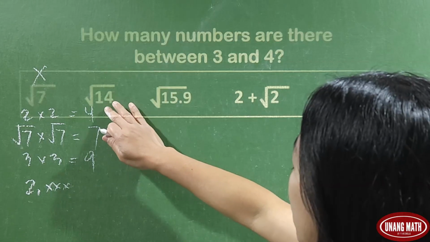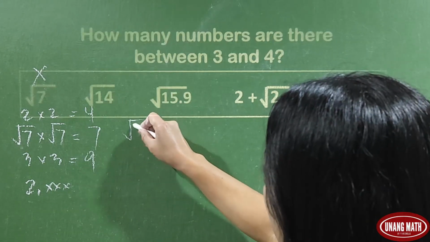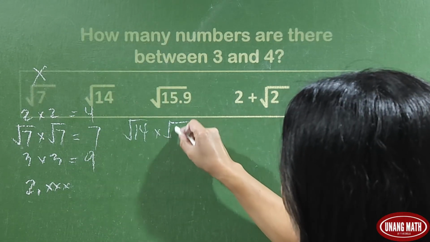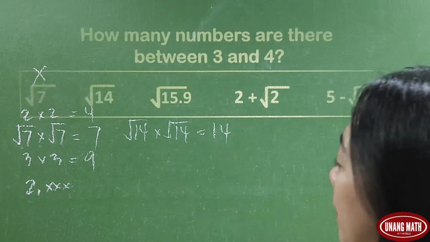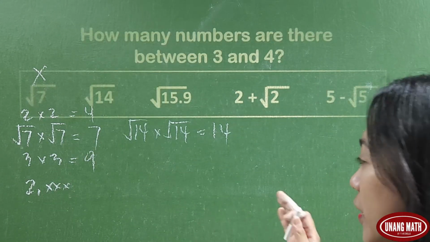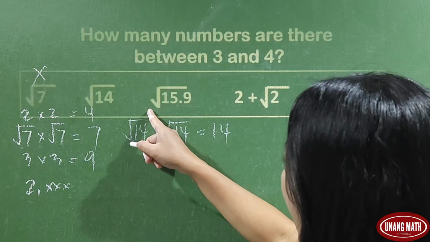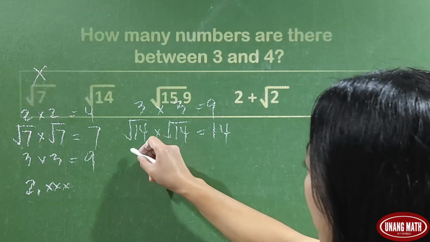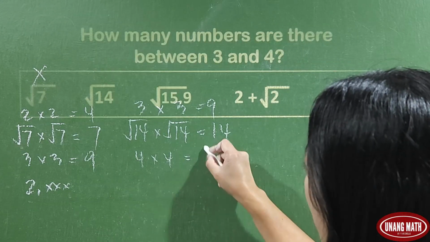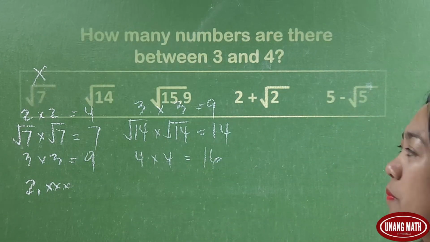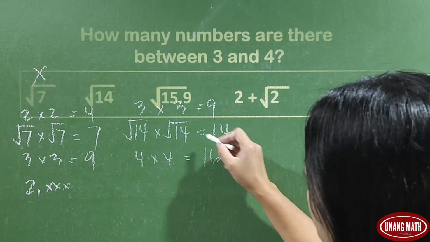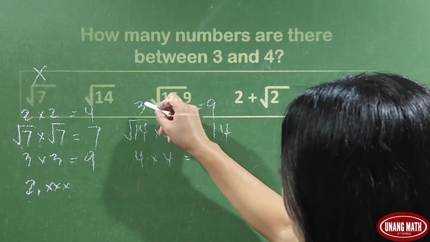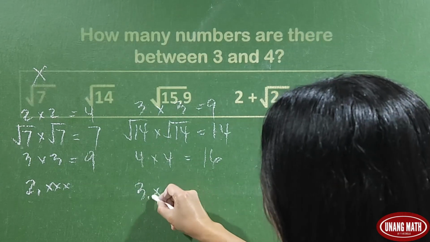Okay, how about square root of 14? So it means square root of 14 times square root of 14 is 14. Okay, again, let's find the nearest number. If 3 times 3, then this is 9. 4 times 4, then this is already 16. So it means square root of 14 is between 3 and 4. So 3 point something.